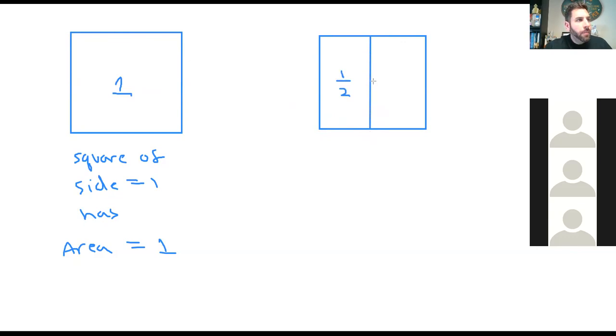And then if I chop this thing up in a creative way, then this piece right here has area 1/4. And if I chop it up like this, then this particular guy has 1/8.